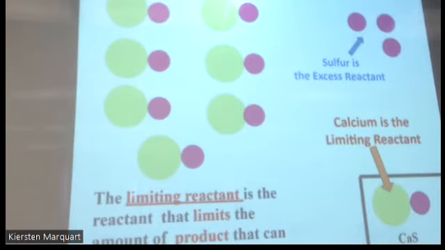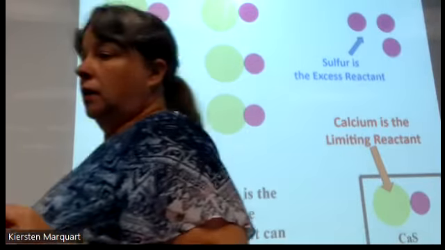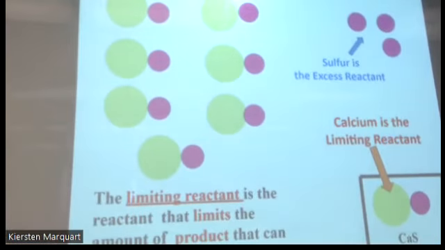We don't need to focus on that term, but excess means extra, meaning that it doesn't actually get used up in the reaction. So the 2 key words here are limiting reactant, and then we have to understand that theoretical yield in this case is going to be limited or determined by the limiting reactant.